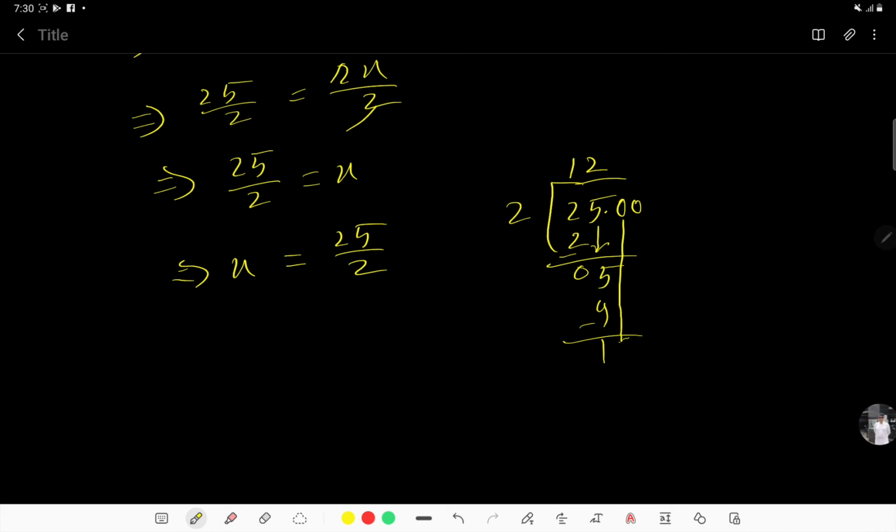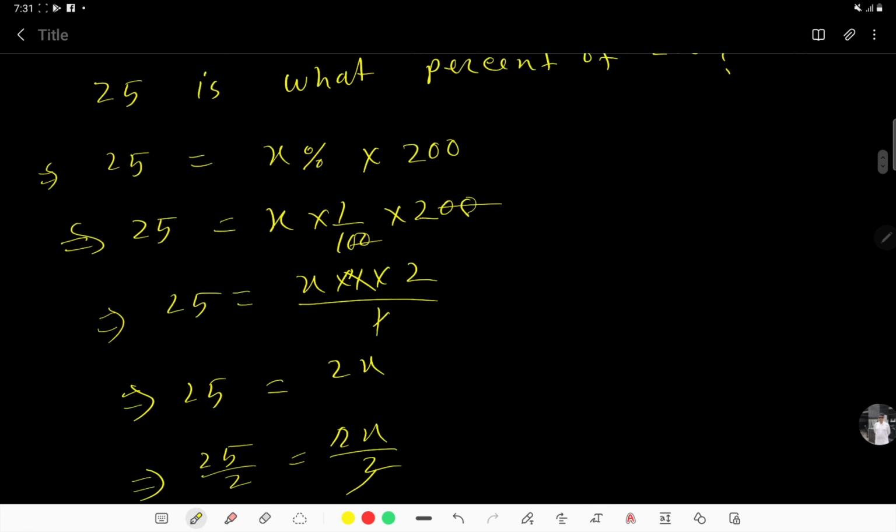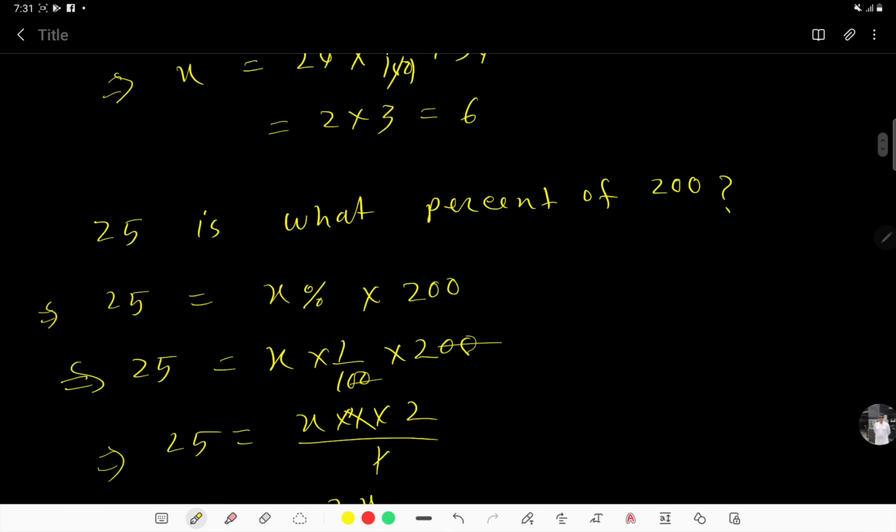So bring down this 0. So 2 goes into 10, 5. So 12.5. The answer is 12.5%. That is, 25 is 12.5% of 200. So using this technique you can solve most of the problems related to percent.